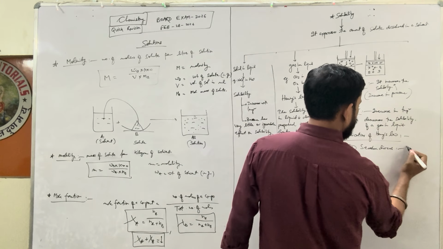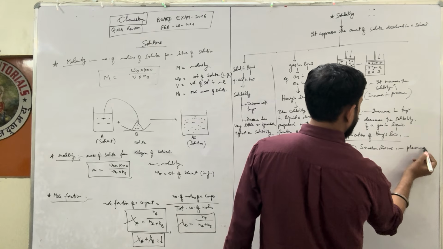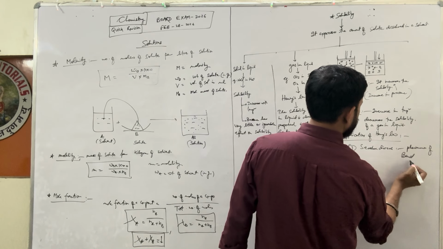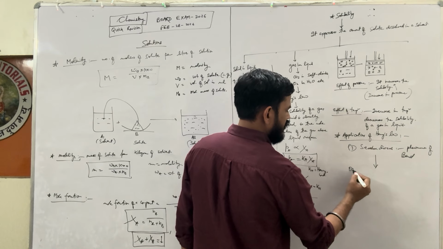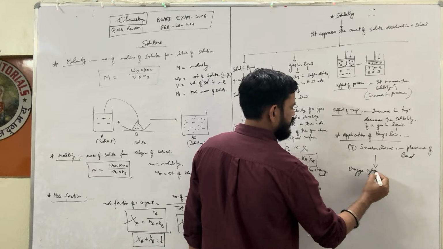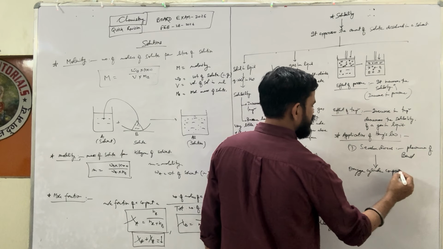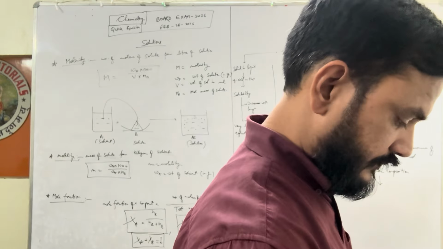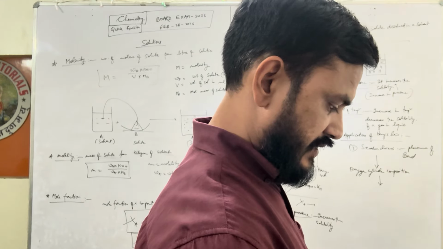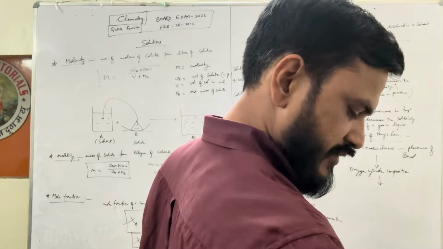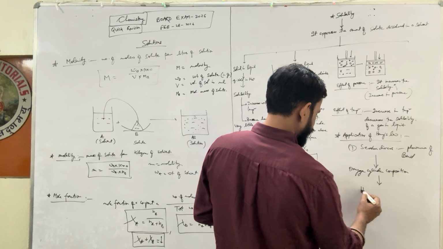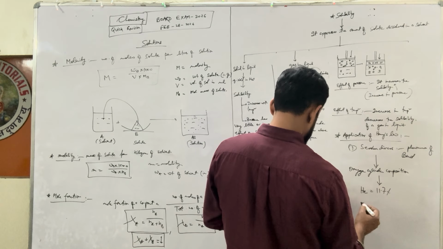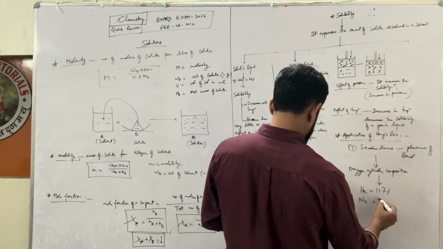So to prevent this, the oxygen cylinder composition is helium 11.7%, nitrogen 56.2%, and oxygen 32.1%.